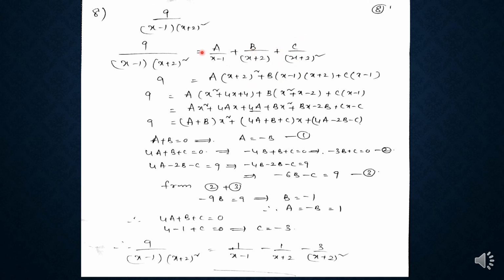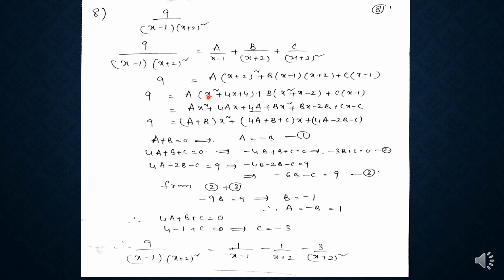So by taking LCM here, we will get a into x plus 2 whole square plus b into x minus 1 into x plus 2 plus c into x minus 1, by x minus 1 into x plus 2 whole square. So both sides of the denominators are equal, so we can cancel the denominators and equate the numerators.